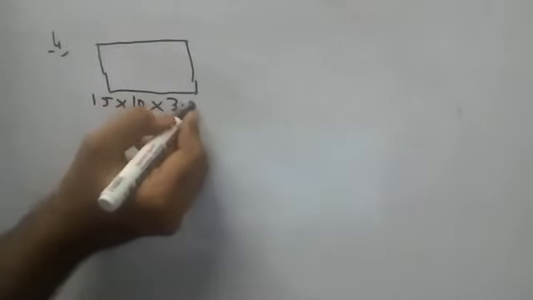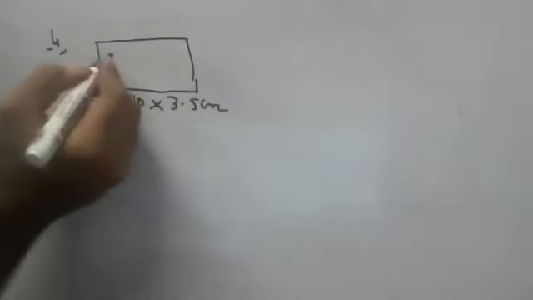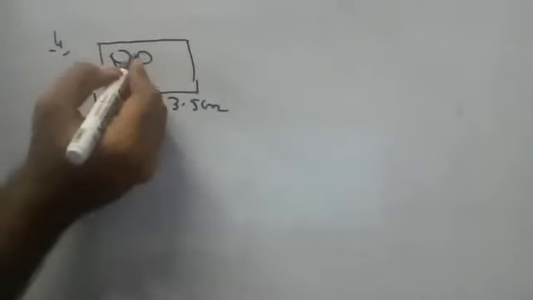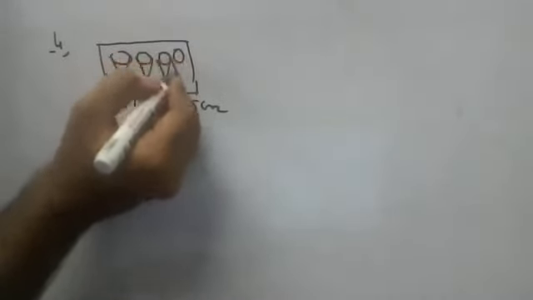Okay. Next one, fourth sum. Please kindly go to the fourth sum, all of you. There is a cuboid like this, whose measurements are 15 length, 10 breadth, 3.5 centimeters height. In this, they are making four conical depressions to keep four pens. They want to make a pen stand.